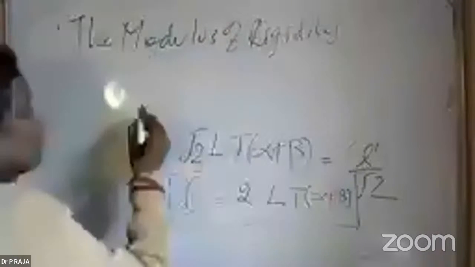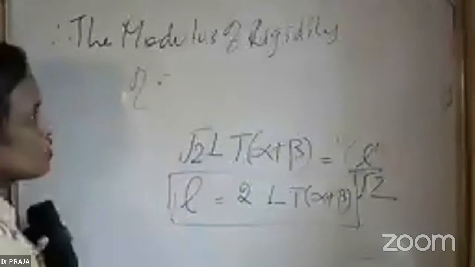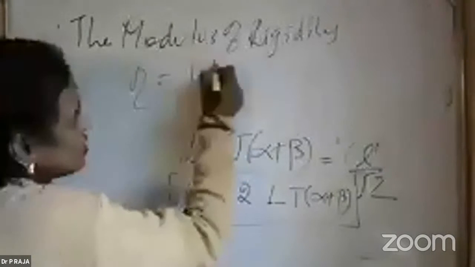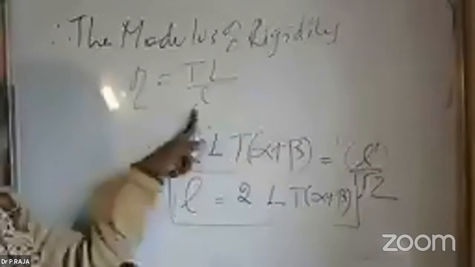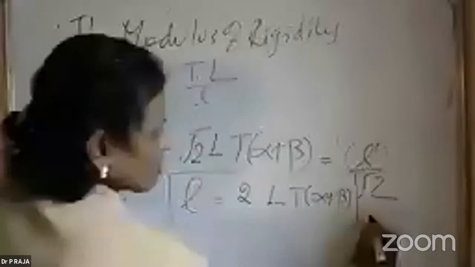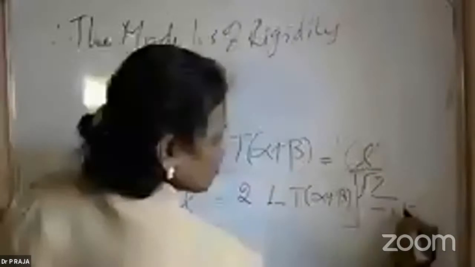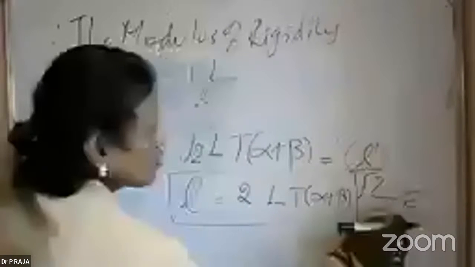in our case, we have found out eta is equal to, remember the first equation, T into L by L. Therefore, substituting for L. Let me put this as equation number 5. Okay. So let me substitute.